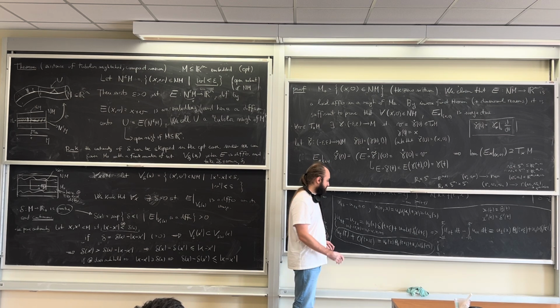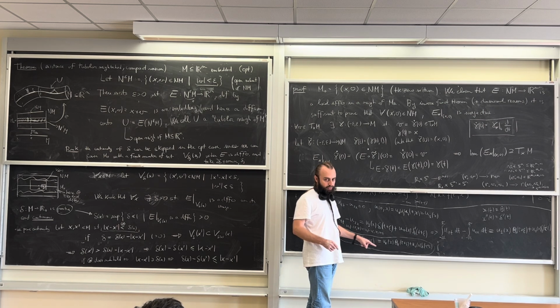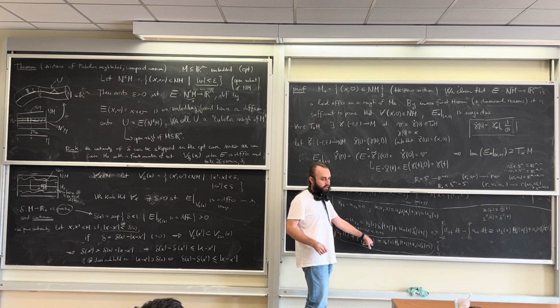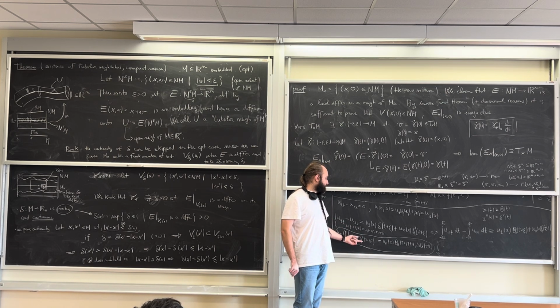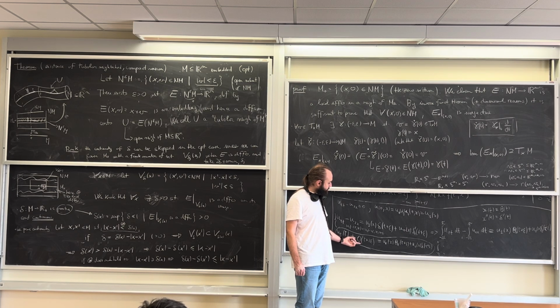It depends on x, but for a given x it is bounded. When tau plus 2 epsilon is small, this is of order tau plus 2 epsilon.